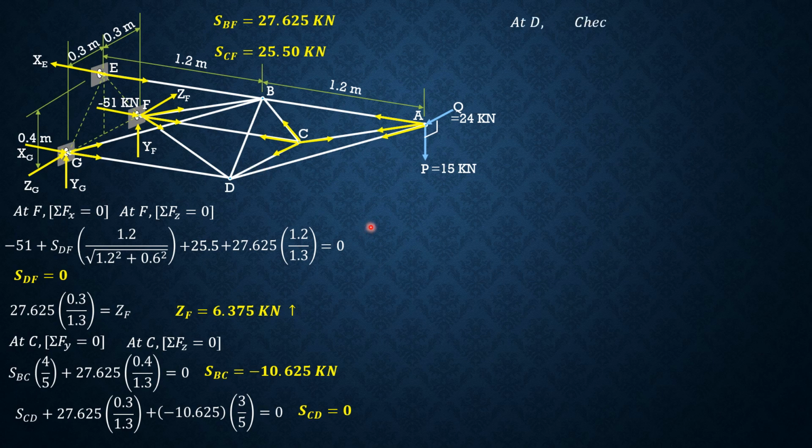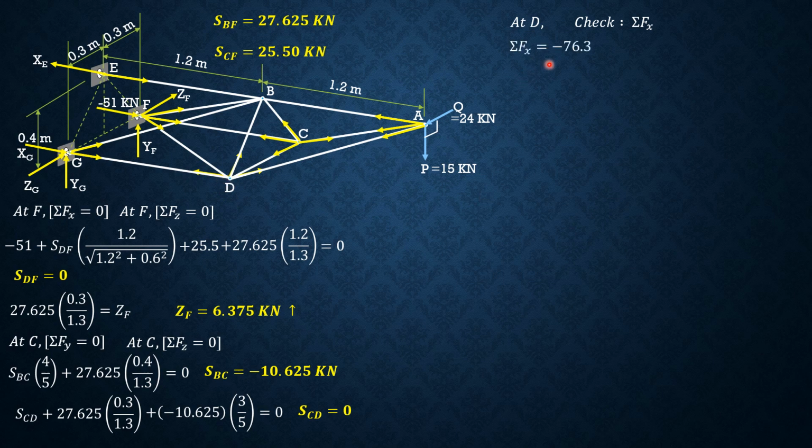So let's proceed to D, summation forces. Let's check summation forces X because we already found AD; this is 0. So only two forces are involved because BD has no x component. It lies on the YZ plane, or on the vertical plane. We already found DG.